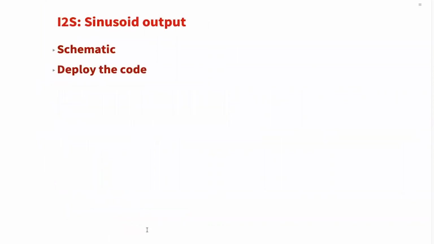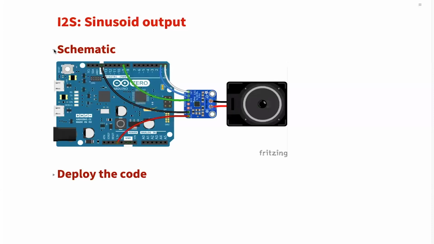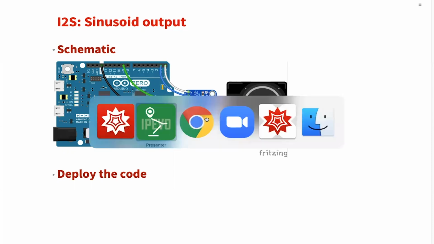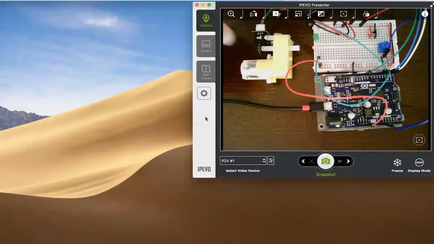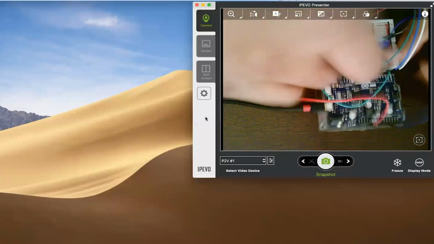So far I had I2S as an input. Now I have some examples where we have I2S as an output. So here there is an amplifier. I have to first plug this in.